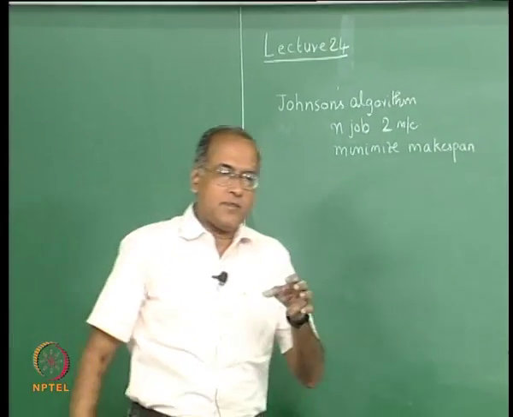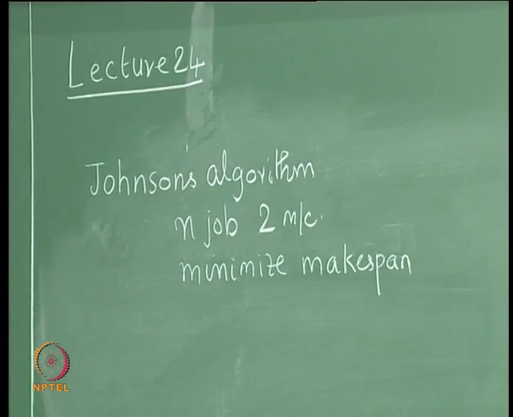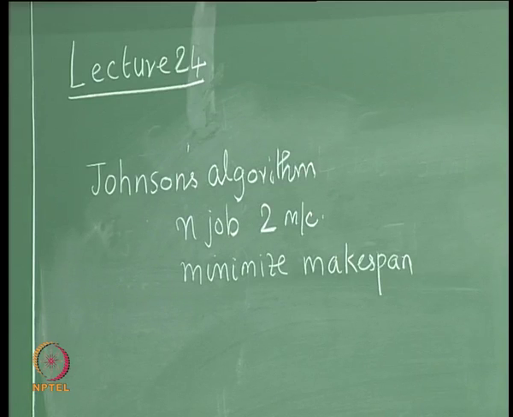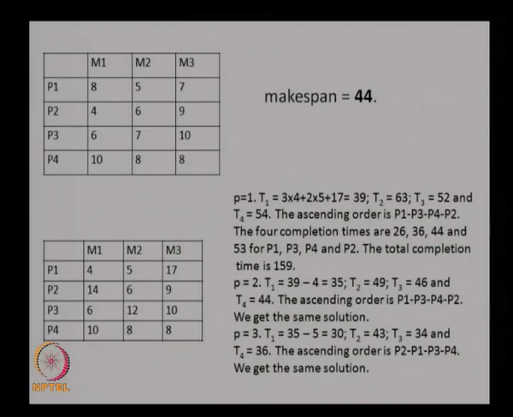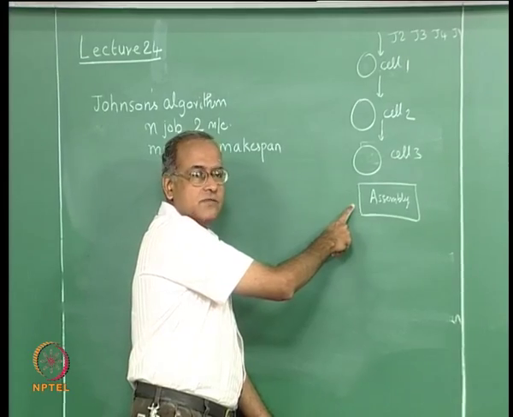The problem that we are right now considering is one where there are 4 parts or products made in 3 cells. The table on the top gives us the processing times, while this represents the way in which the manufacturing system is working.